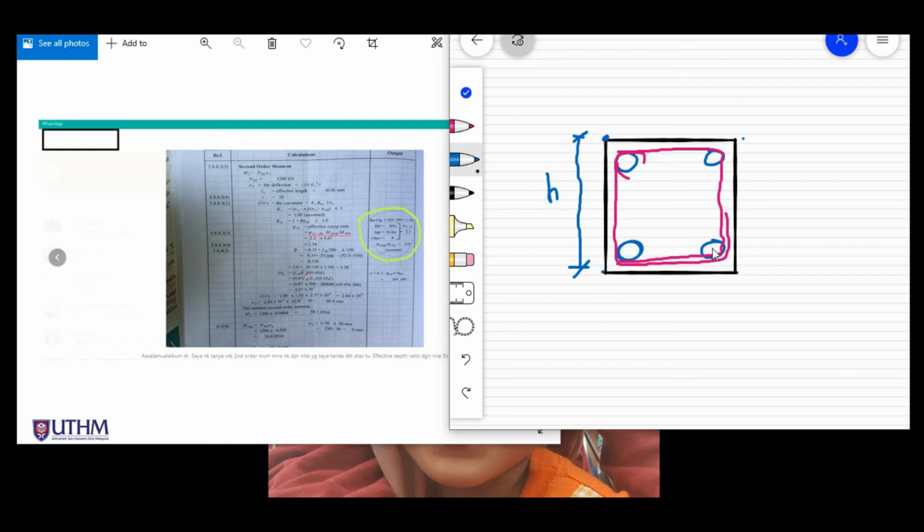For d, it is from the center of this bottom reinforcement to the top surface.